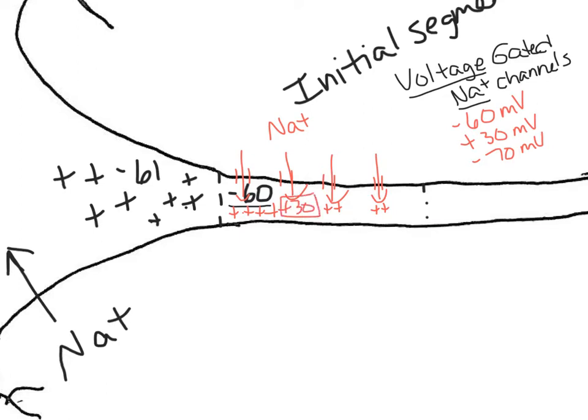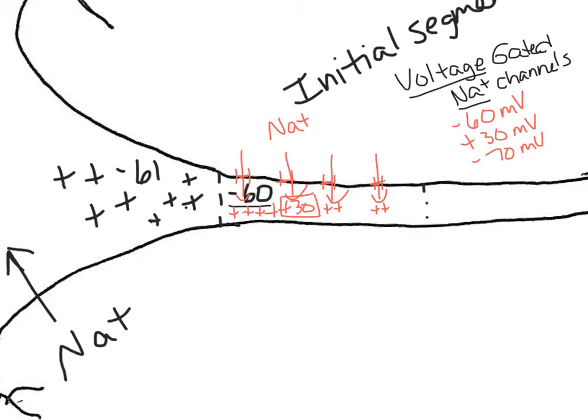And at positive 30, the sodium channels slam shut. So if they shut at positive 30, that means no more sodium can come in, and that means that charge cannot go any higher than positive 30, right?